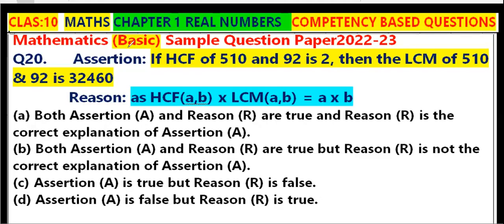Assertion reason based questions. Assertion: the HCF of 510 and 92 is 2. That is correct.